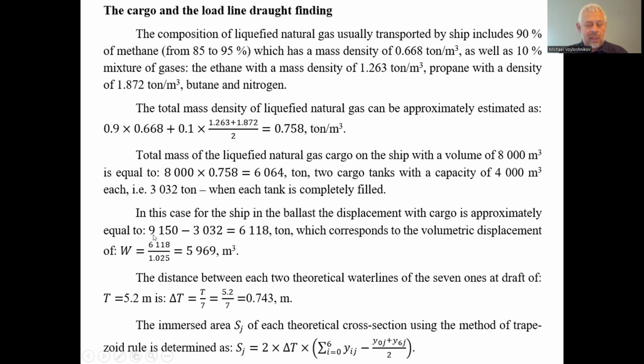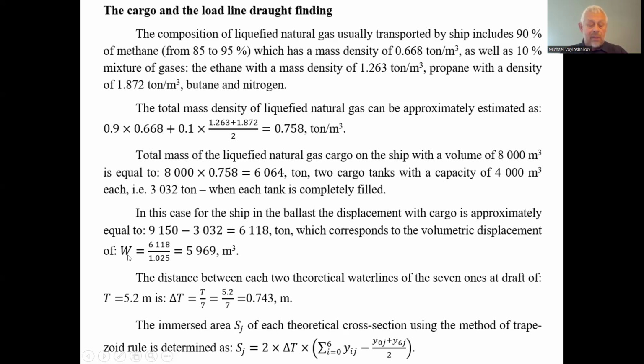If we subtract from the cargo displacement the permissible amount of cargo in the middle capacity located to the front, so we have two capacities, one in the middle of the ship, a little bit shifted to the front from the middle, and the second located aft of the ship. If we fill the capacity in the aft of the ship and leave empty the one in the middle, we will have a ship with a cargo displacement of 6,180 tons, which corresponds to the volumetric displacement.